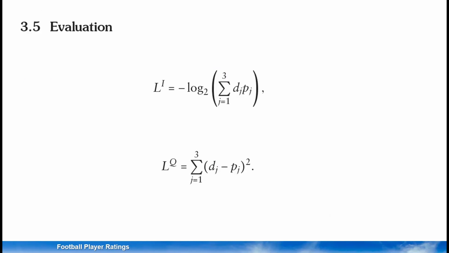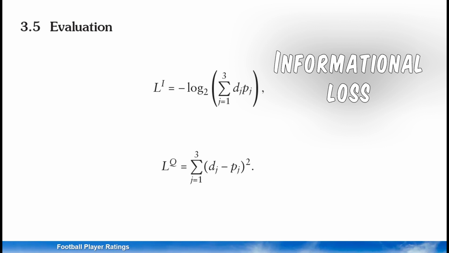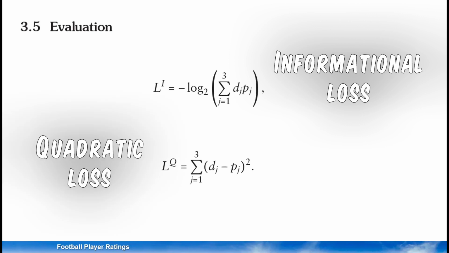To evaluate the quality of the predictions made, we use two different loss functions. These are known by different names, but we use Li as a shorthand for informational loss and Lq as a shorthand for quadratic loss. Both provide a measure that is lower for better predictions.